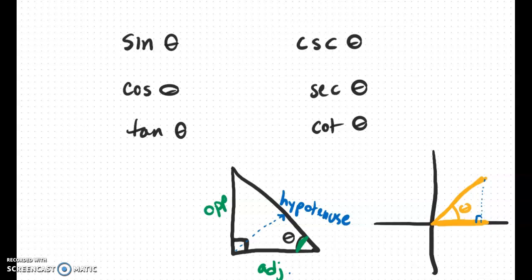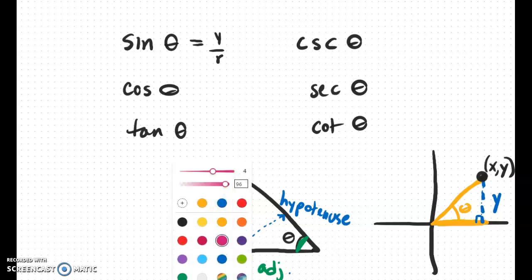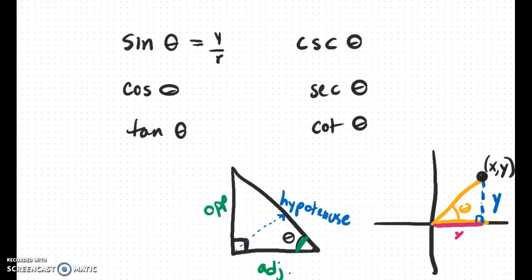There are different ways to approach this, and this is the first way. I'm going to say that sine is the ratio of y over r. What I mean by y over r is this perpendicular line that I've drawn down is considered the y, because you are looking at the point right here. To get to that point on our coordinate plane, called x, y, you have to travel x units, so this side is considered x.